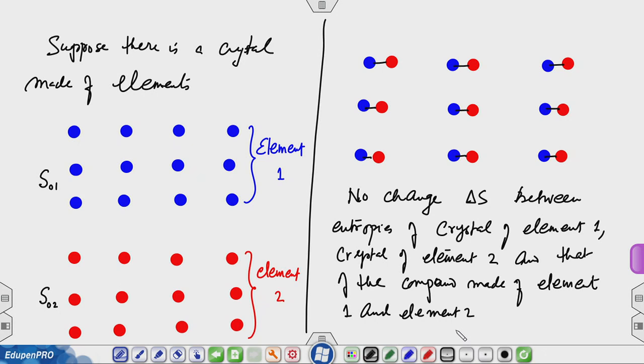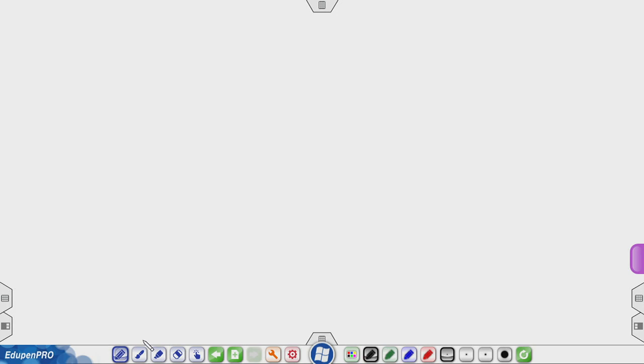So, this led Planck to give the statement for the third law, and that is this.